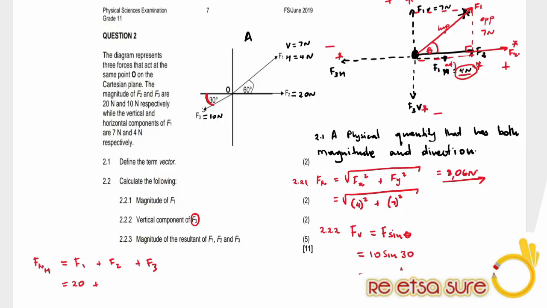Remember, this is the horizontal component of F1. So I'm just going to put 4 plus, what is the magnitude of F horizontal for this one? Actually, we have never calculated it, so without any waste of time, let me just do it here.